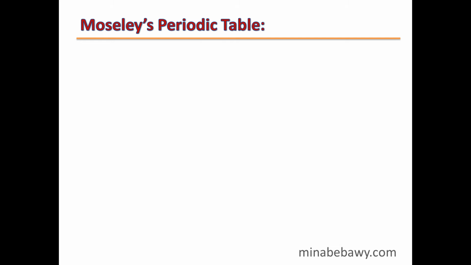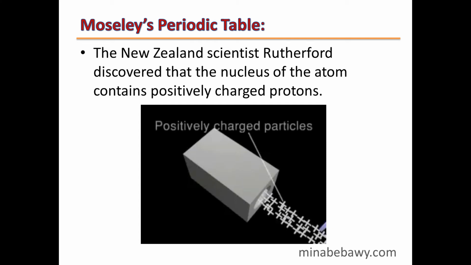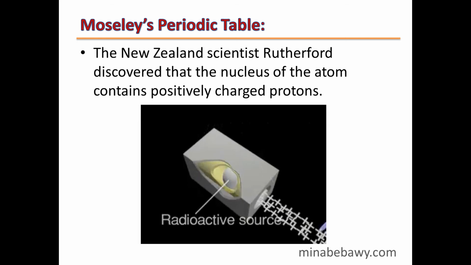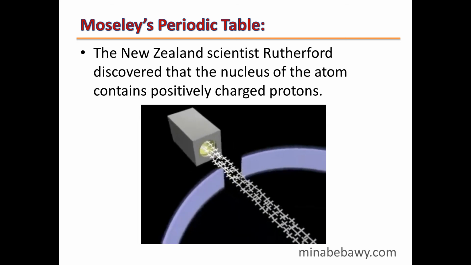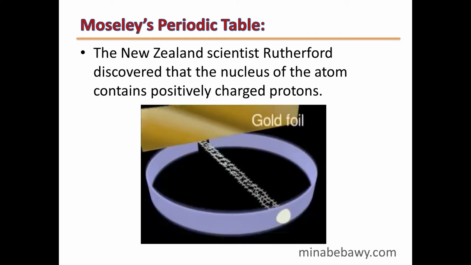Now let's talk about the second attempt, which was made by Moseley in his table, Moseley's periodic table. The New Zealand scientist Rutherford discovered that the nucleus of the atom contains positively charged protons. This fact wasn't known before Rutherford.